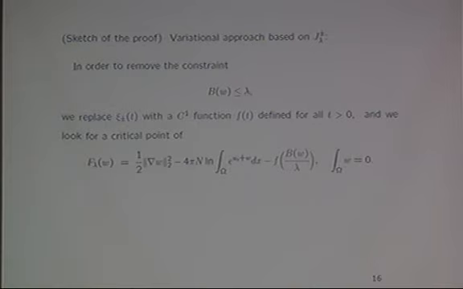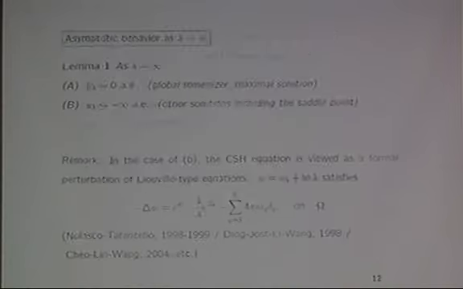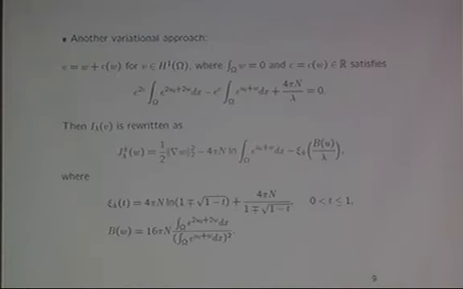The proof is based on the variational approach, and we will use this functional. This functional is defined here. In this case, the Moser-Trudinger functional is contained in this functional. But let me mention something about this functional.